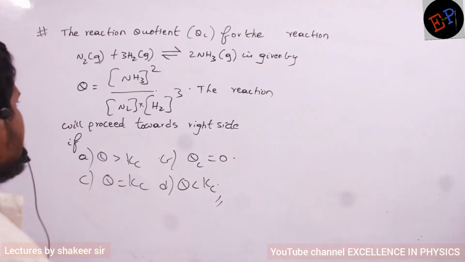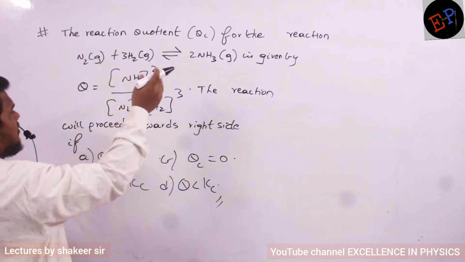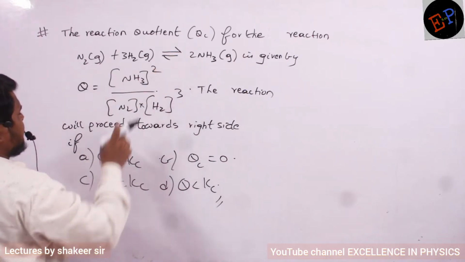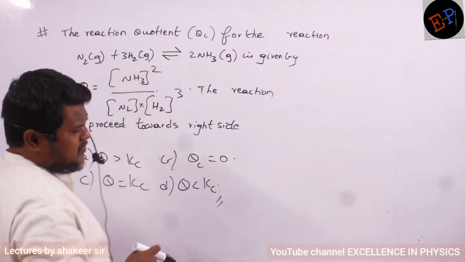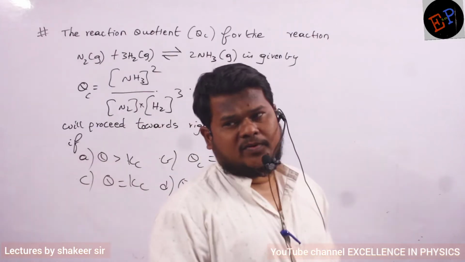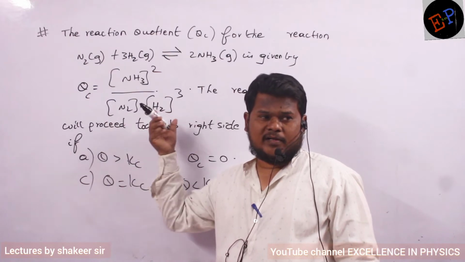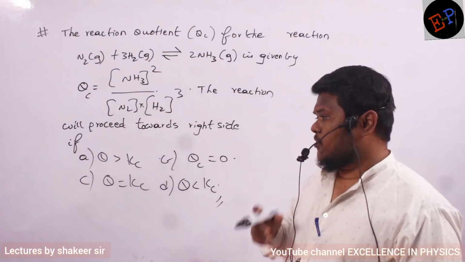So for example, if this is the given question, this is the reaction. Already we have studied what is meant by QC: the concentration of products to the power of its stoichiometric coefficient divided by the concentration of reactants to the power of its stoichiometric coefficients.